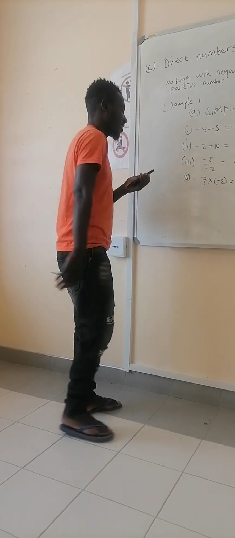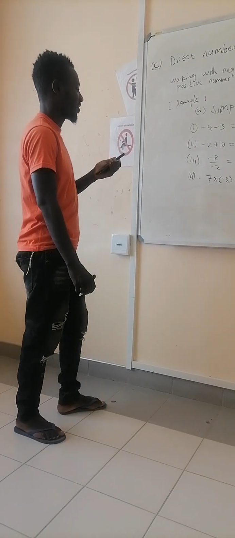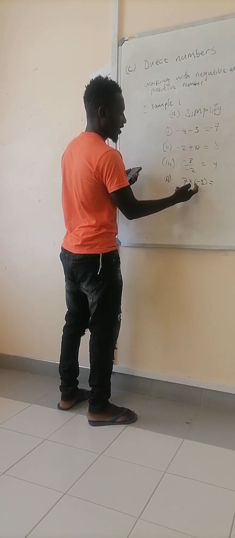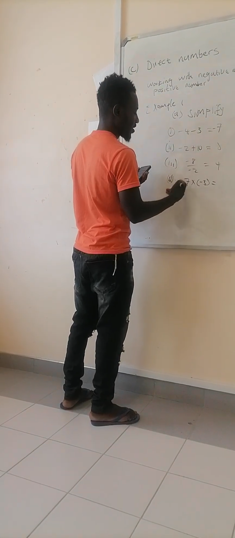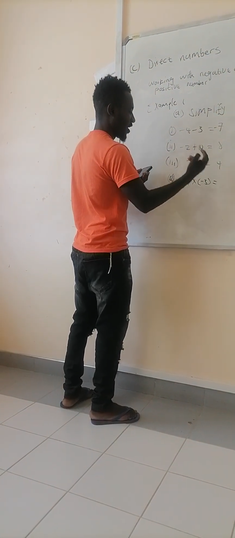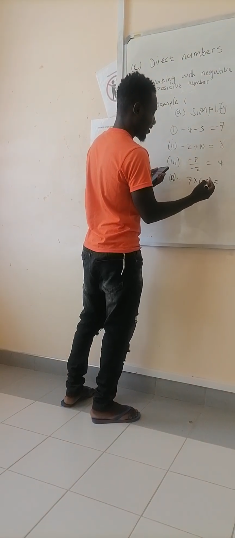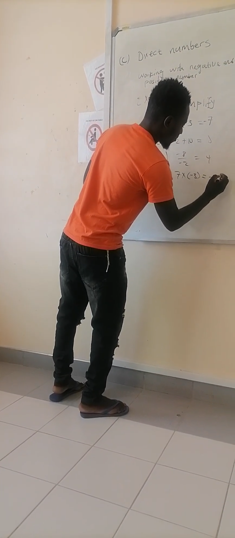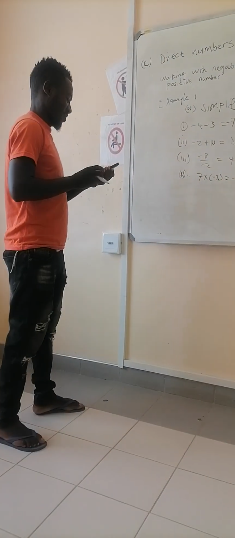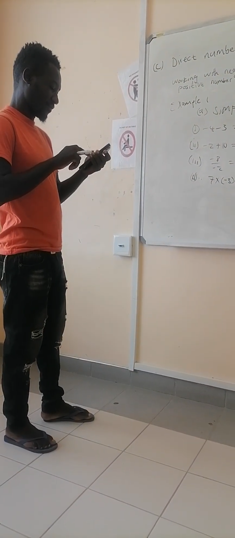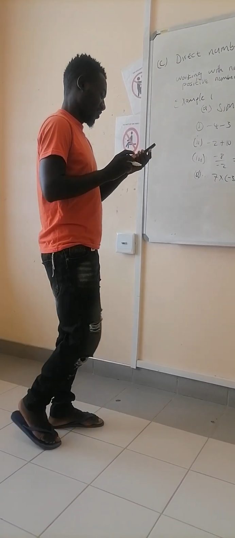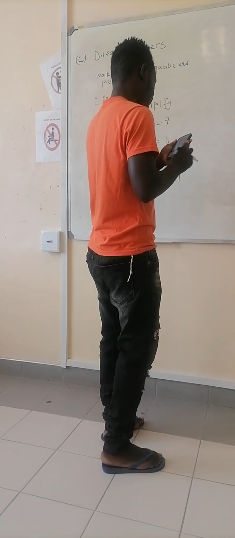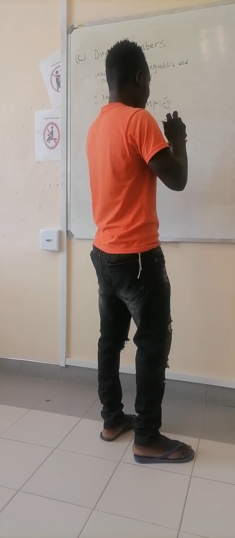So 7 times negative 3, because here we have positive and negative, our final answer will be negative. So 7 times negative 3 is equal to negative 21. Okay. Let's do the other ones.